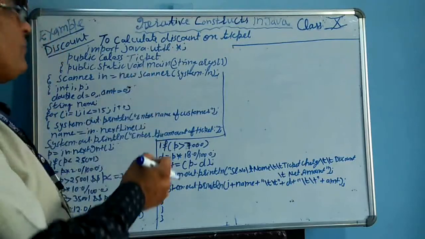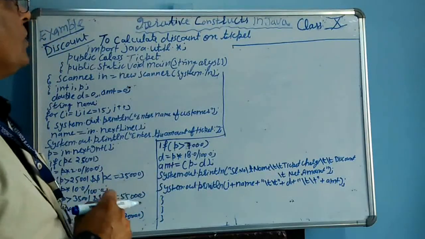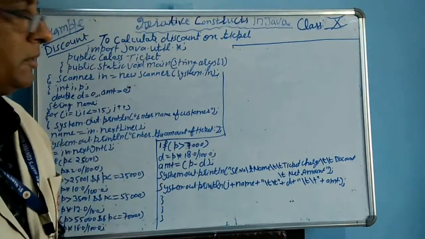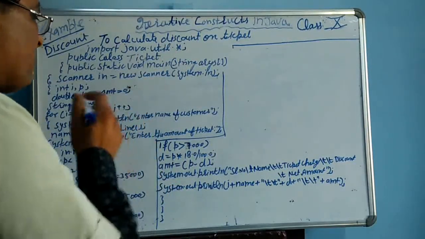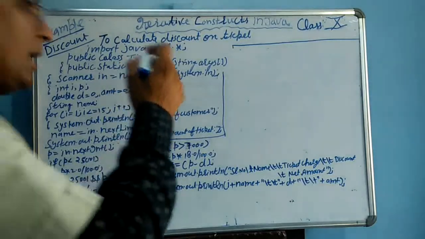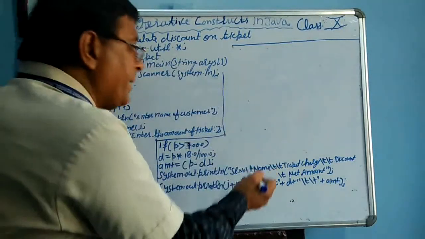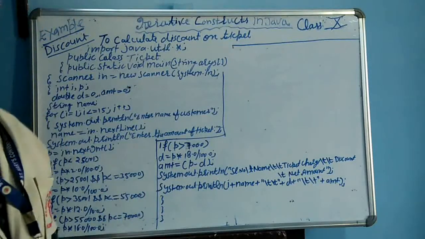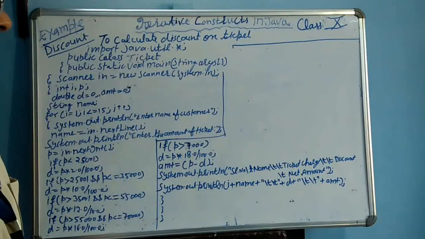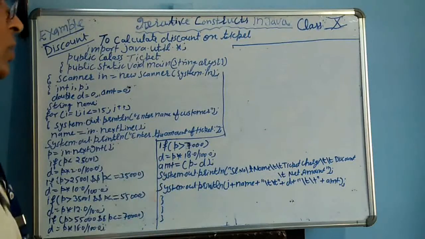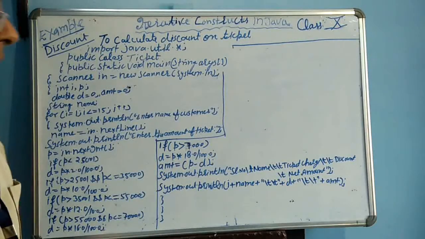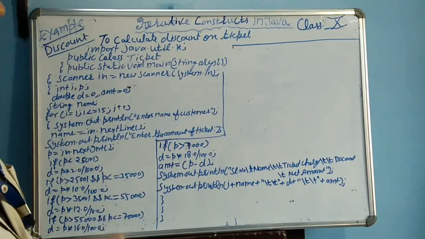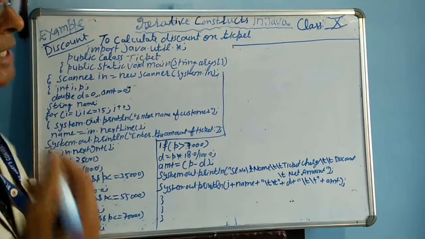So we have to make a program for discount on the ticket, and it will print the serial number, name, ticket charges, discount, and then the amount also.